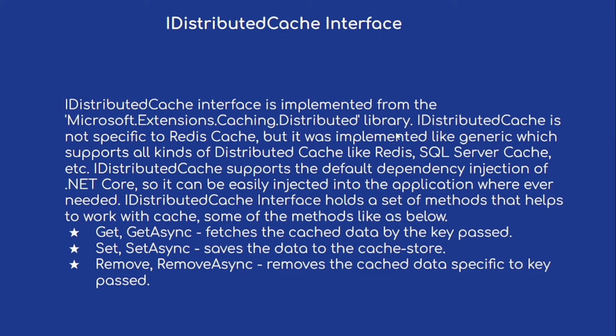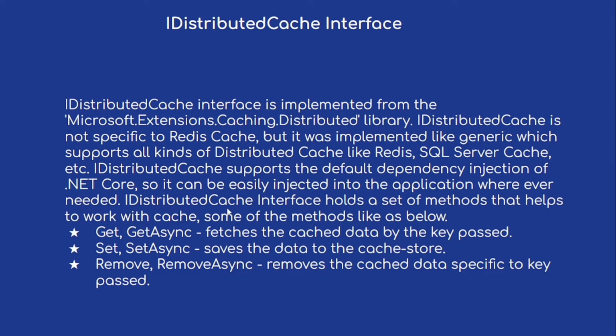It was implemented as a generic which supports all kinds of distributed caches like Redis, SQL, etc. IDistributedCache supports the default dependency injection for .NET Core, so it can be easily injected into the application wherever we need.